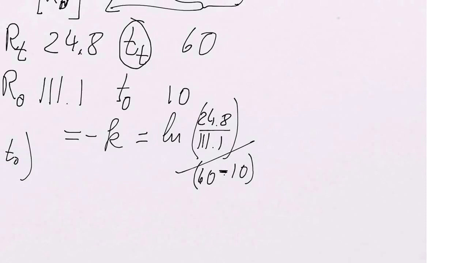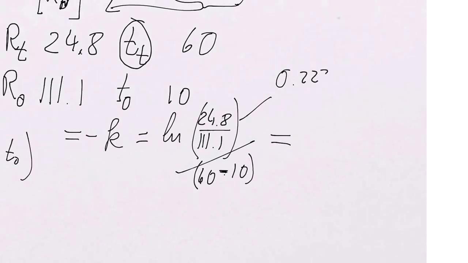So I made this. I think I can do the denominator in my head. 60 take away 10 is 50. So I got ln of this thing, which is 0.223.